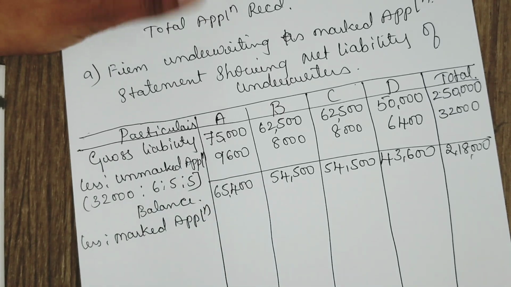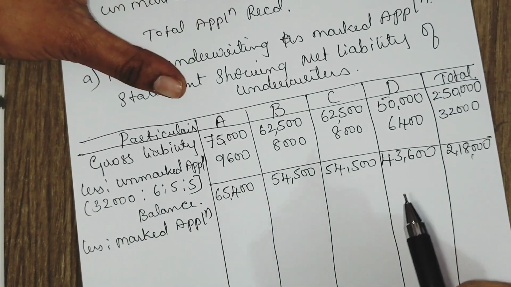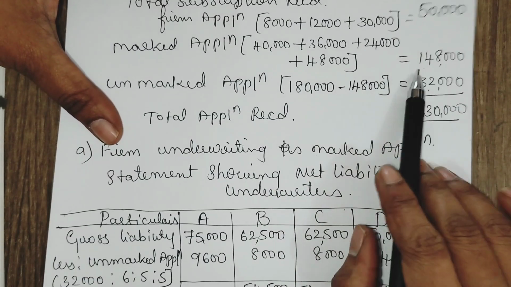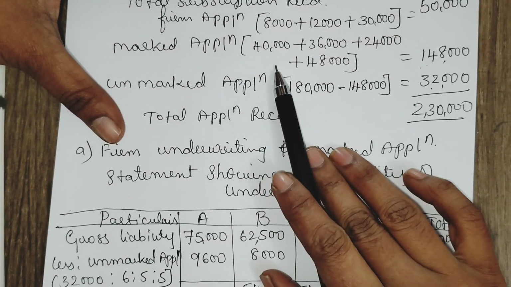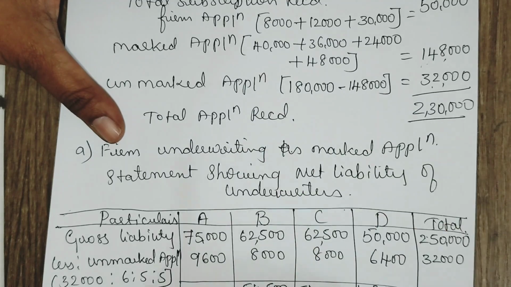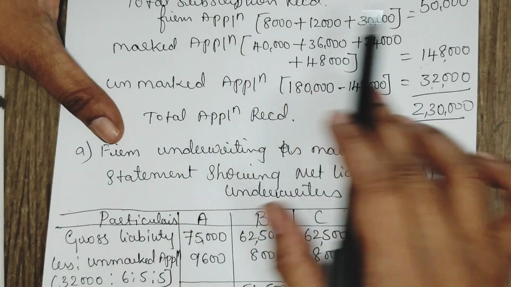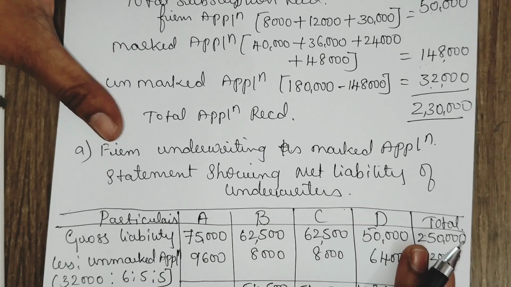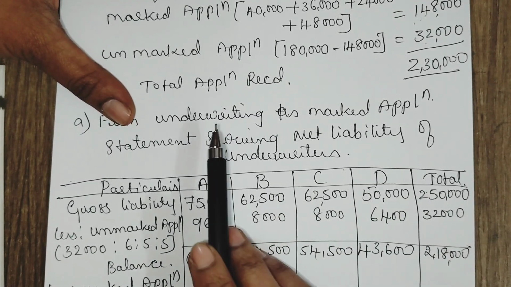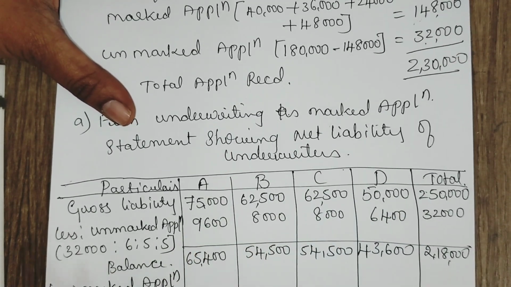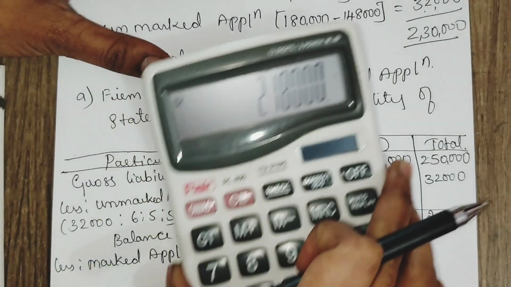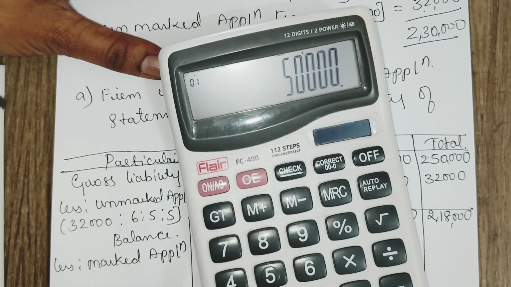Now the marked applications are 1,48,000, which has already been allotted. But to this you have to add the firm underwriting also, because it is treated as marked application.